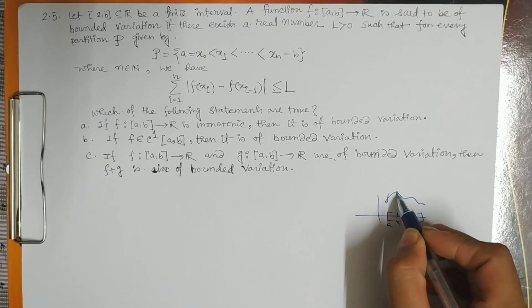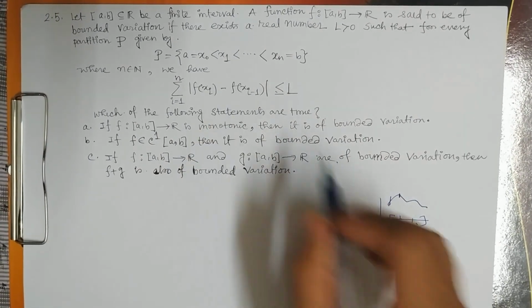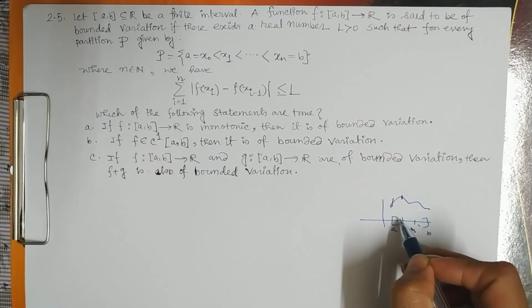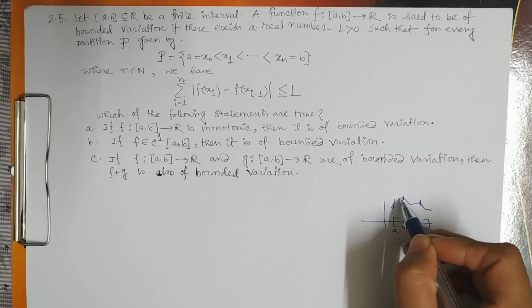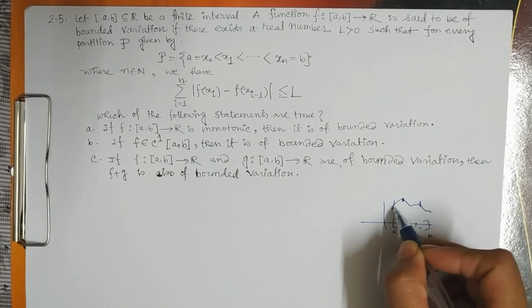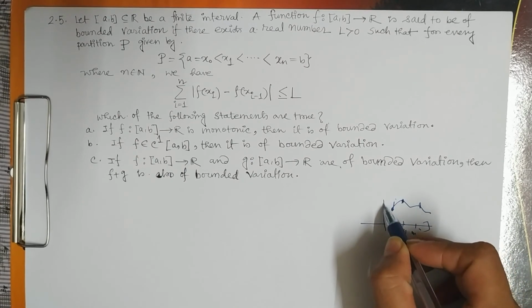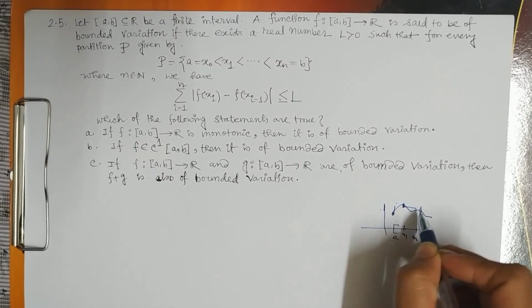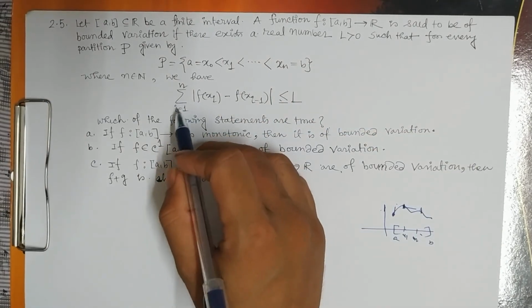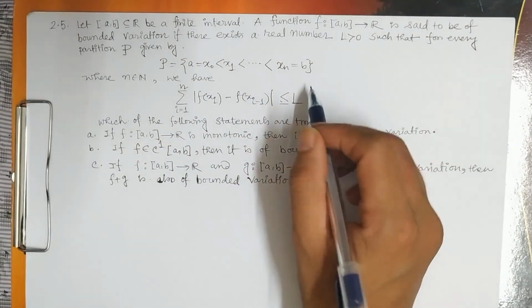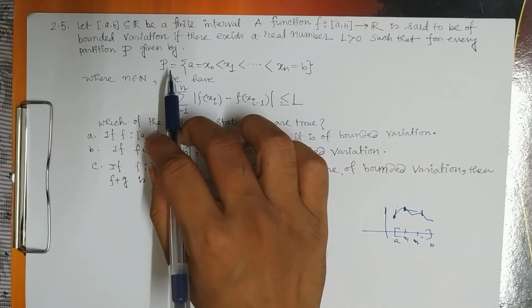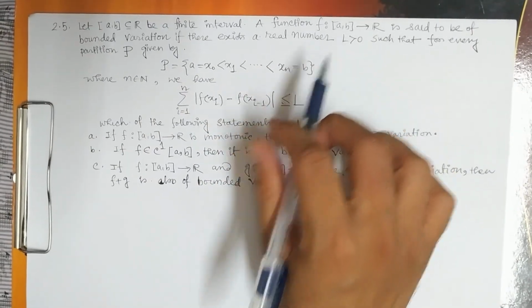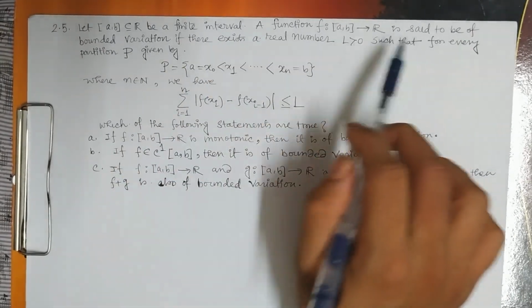For each interval, we take the difference between the functional values at x1 and x2, and then for the next interval, the difference between these two values. If the sum turns out to be less than L, and this should happen for all partitions, then we say that it is a function of bounded variation.